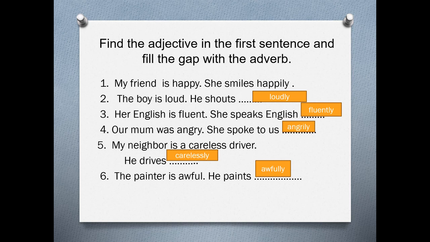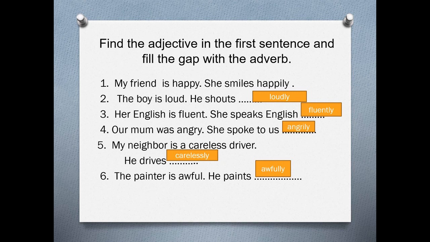Okay. My friend is happy. She smiles happily. The boy is loud. He shouts loudly. Her English is fluent. She speaks English fluently. Our mom was angry.